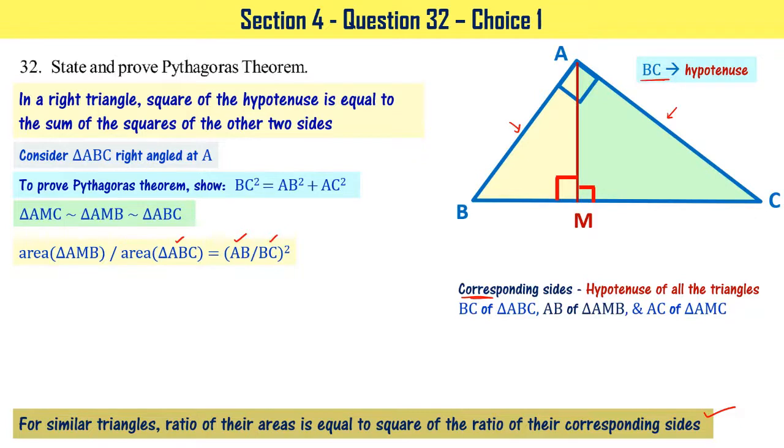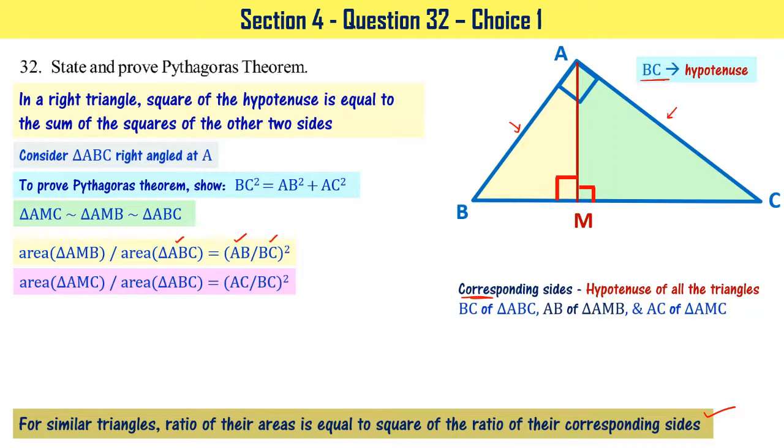Their ratio, square of their ratio is equal to ratio of their areas, right? That's what we have just now written. Similarly, we can write this for another pair of triangles, that is area of triangle AMC divided by area of triangle ABC equal to AC by BC whole square, right?